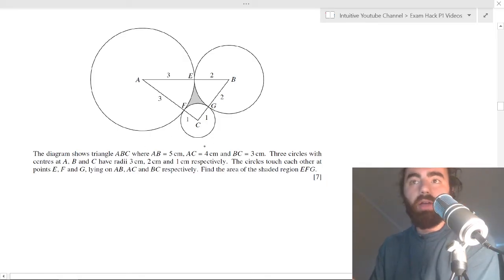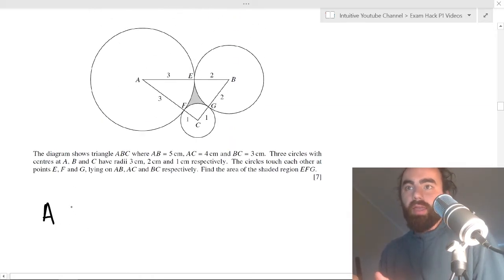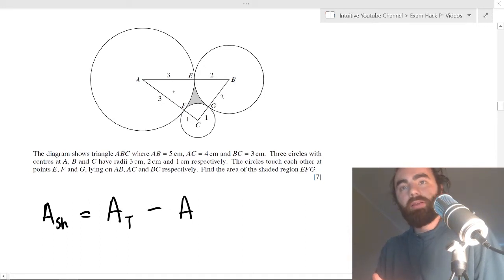So this is giving us a diagram here, in which we've got some lengths and we've got a triangle, and it wants us to find the area of this shaded region. Well, right off the bat, I can just say that the area of this shaded region is equal to the area of this triangle minus the area of, let's call these 1, 2, and 3, our first sector, minus our second sector, minus our third sector.